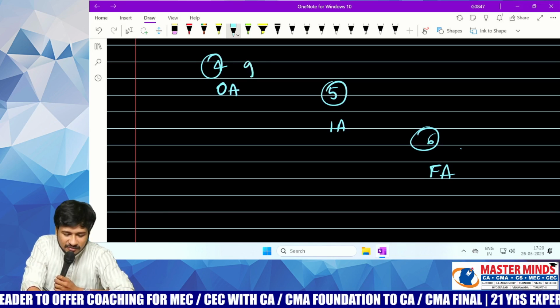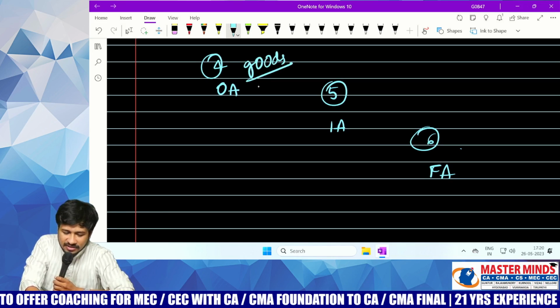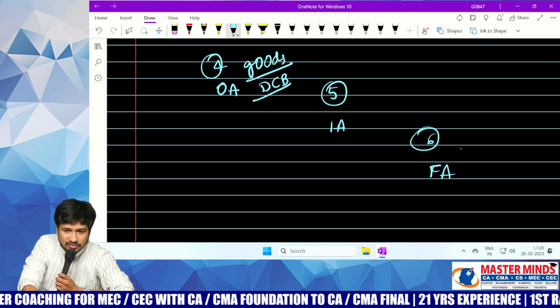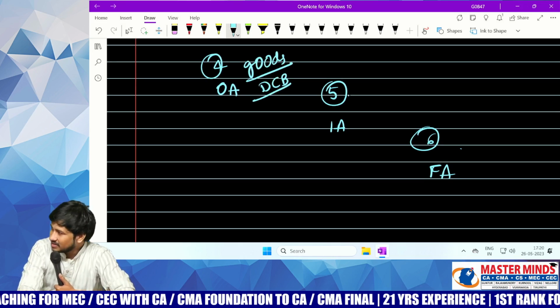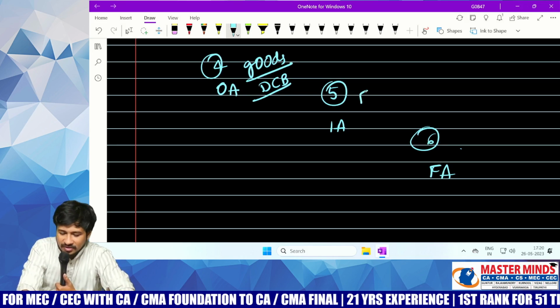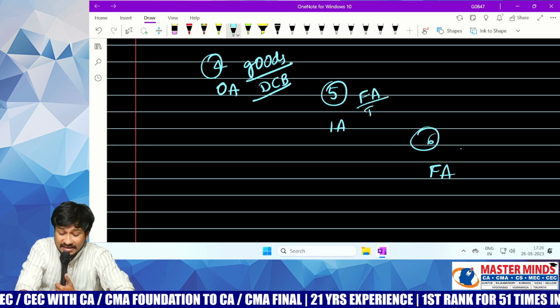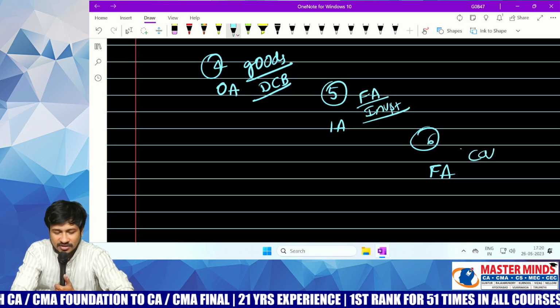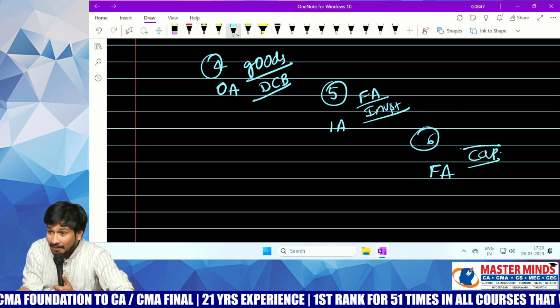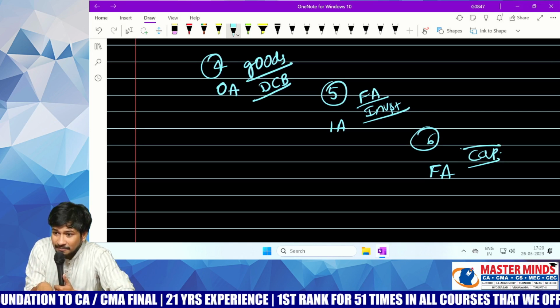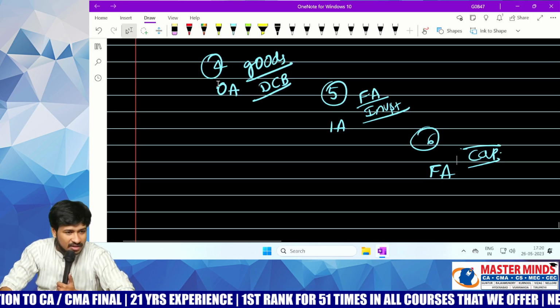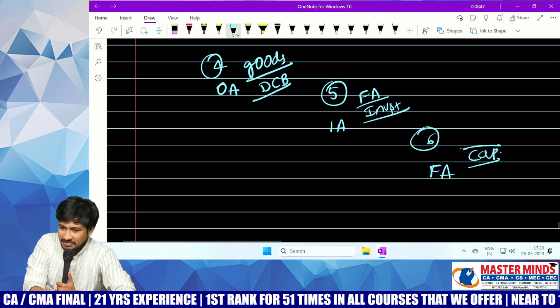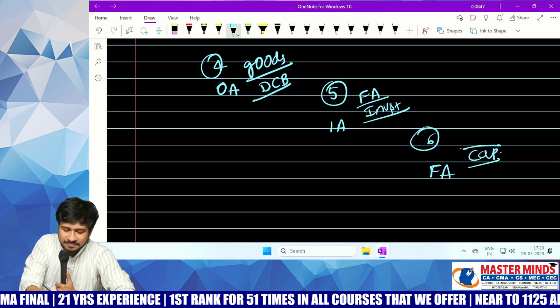These are relating to goods and to the ordinary course of business. Investing activities are relating to fixed assets or investments, and financing activities are relating to capital. Capital might be either owned capital or even borrowed capital. Understood? Now let me start with the definition.